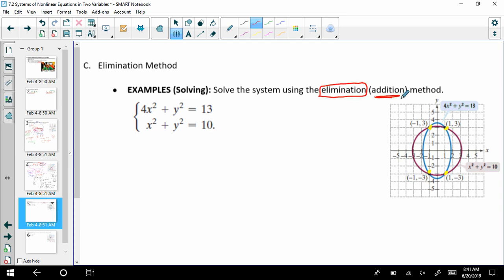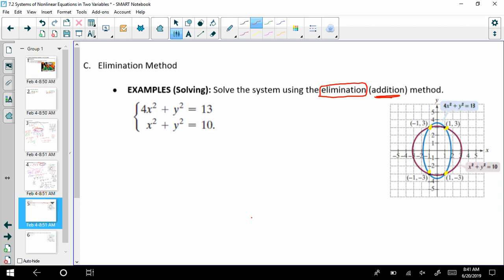And remember, it's probably going to call it the addition method. So if we're using elimination, that means I want something to cancel out, either the x's or the y's. And to cancel out, they have to be the same number but opposite in sign. So on this one, I could either cancel my x squareds or I could cancel my y squareds.